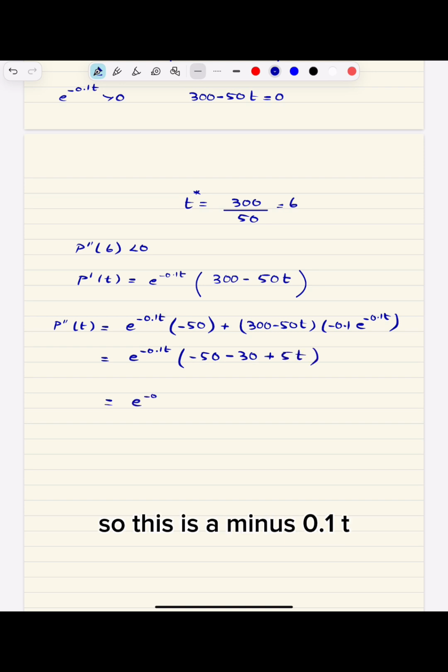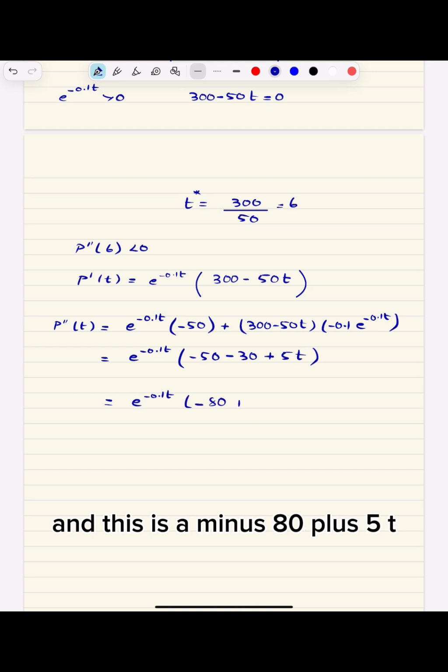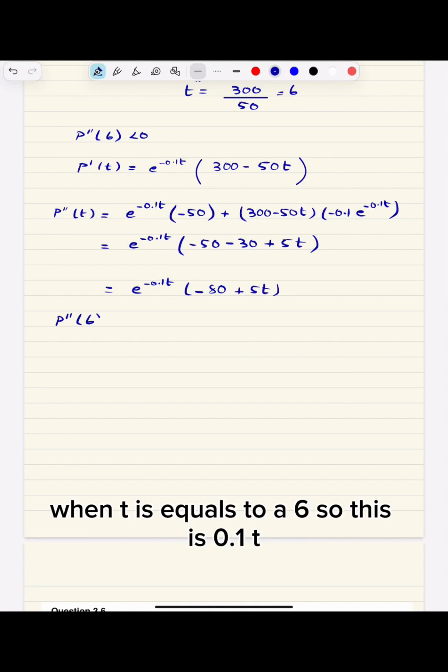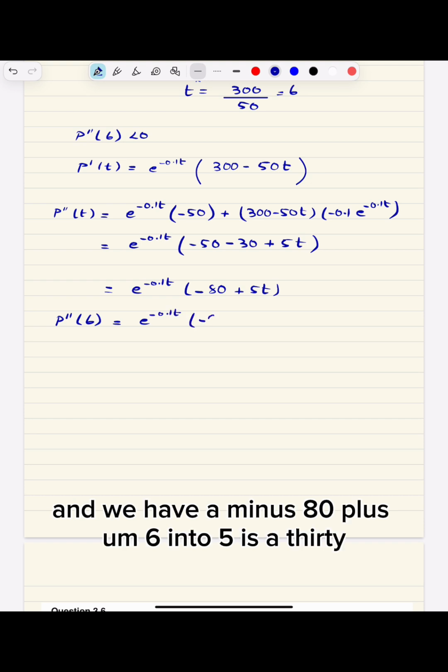So this is e to the minus 0.1t and this is minus 80 plus 5t. We are actually interested in the value when t equals 6. So this is e to the minus 0.1t, and we have minus 80 plus 6 into 5, which is 30.